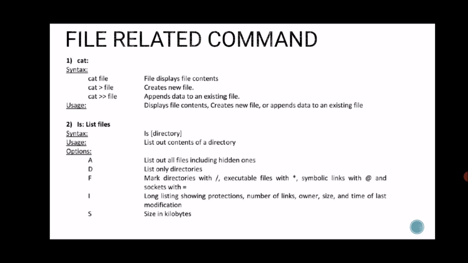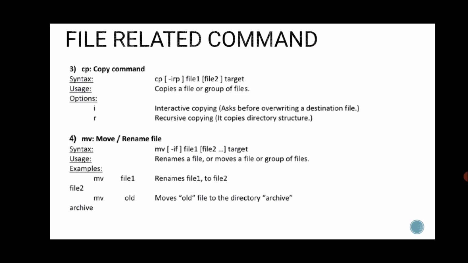If we write ls -F, it marks directories with slash, executable files with asterisk, symbolic links with @, and sockets with equals sign. These are the different options we can use as per our usage. If we want to list all files including hidden ones, we can use the option a. If we want to list only directories, we can use the option d.